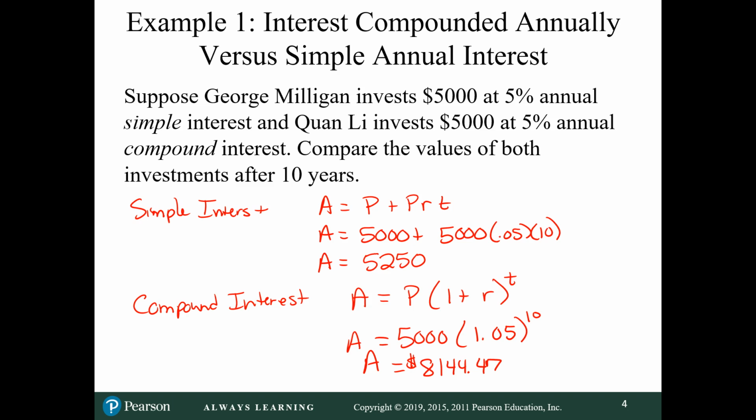Okay? So what is compounding? Well, compounding is saying, okay, after 1 year, this is how much interest you have. So after 1 year, what's 5% of 5,000? Like $250 or $25, right? Take 5% of 5,000.